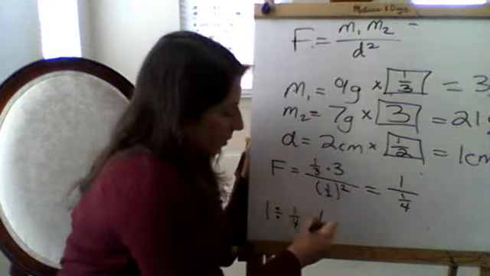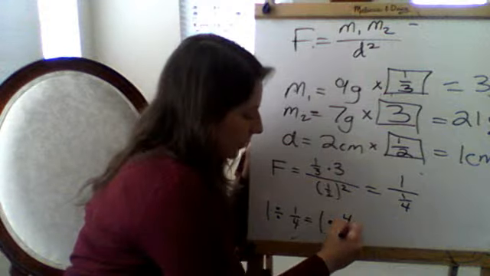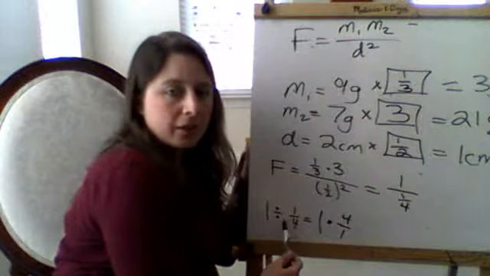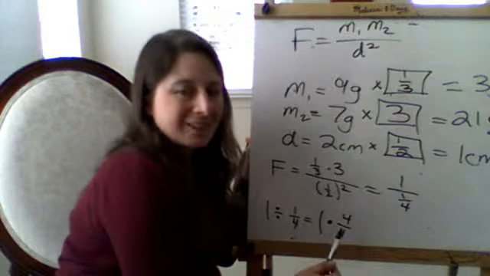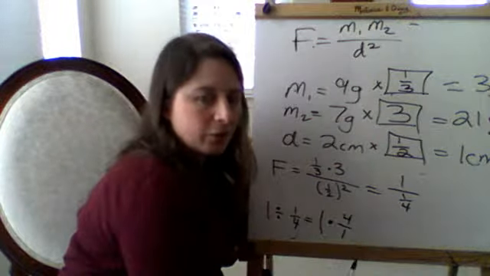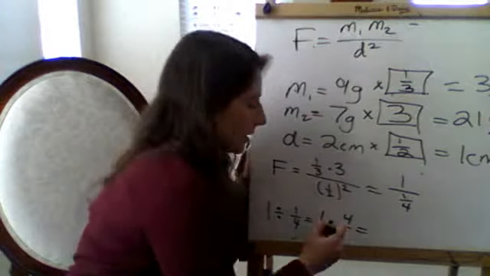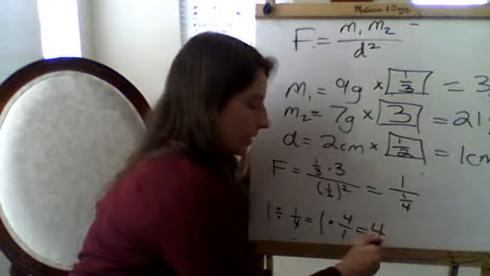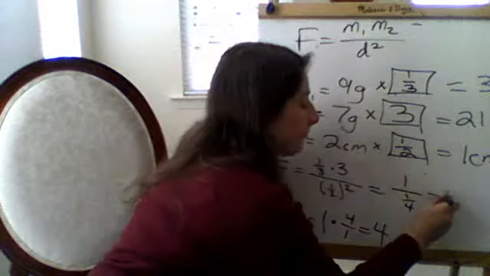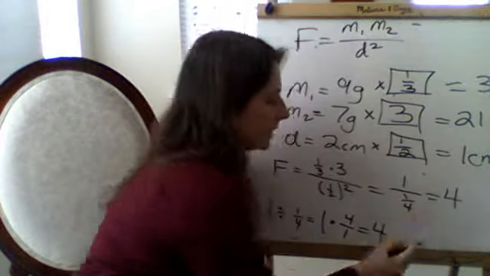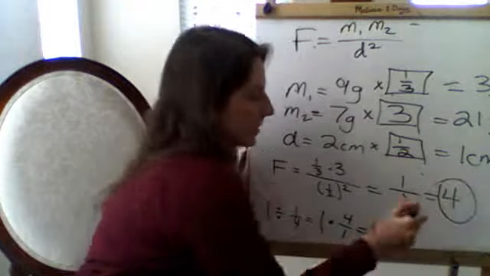So that means 1 times 4 over 1, right? 1 divided by 1/4 is the same as 1 times the reciprocal of 1/4, 4 over 1. And 1 times 4 over 1 is just 1 times 4. That's 4, right? Okay. So your final answer here is 4.